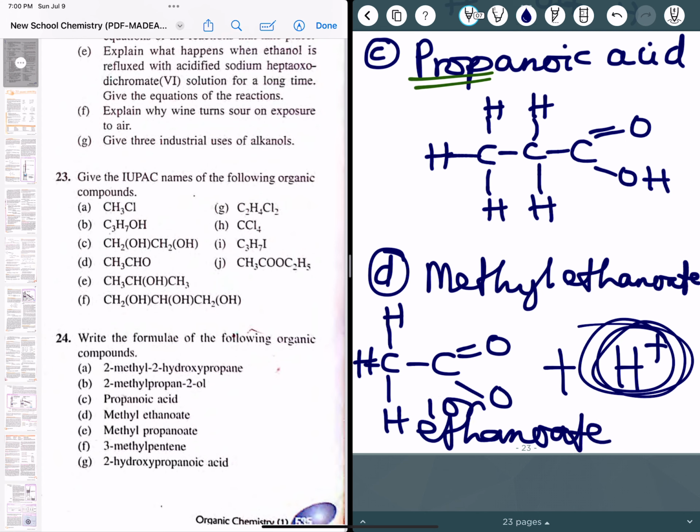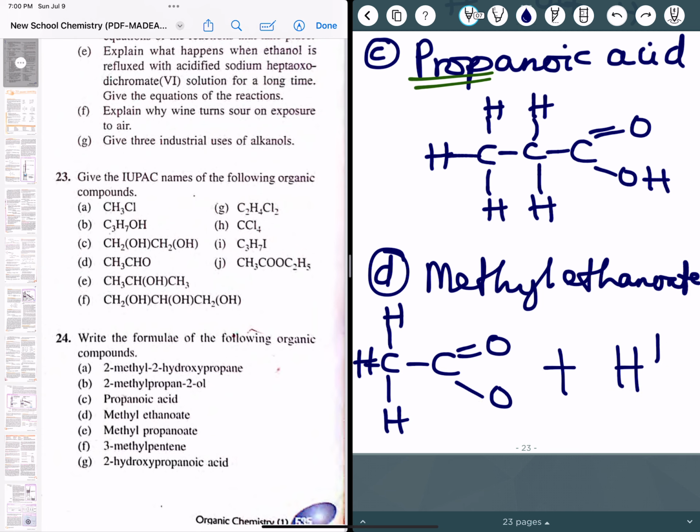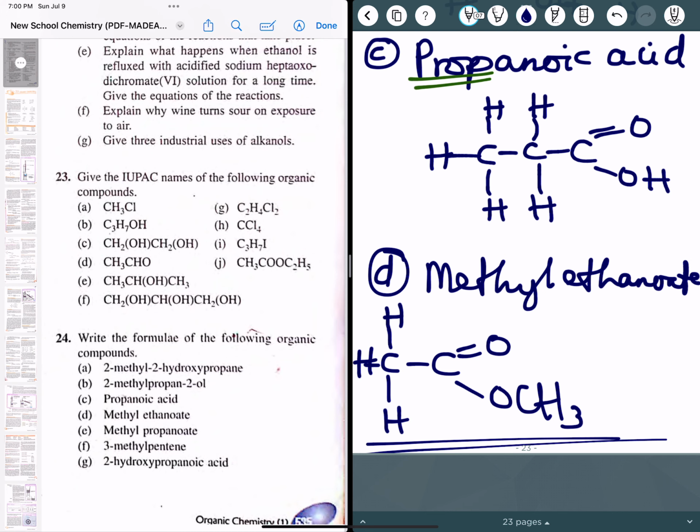So methyl ethanoate now is a methyl group attached here to the ethanoate ion. So all I need to do is just attach a methyl. That's the structural formula of my compound.